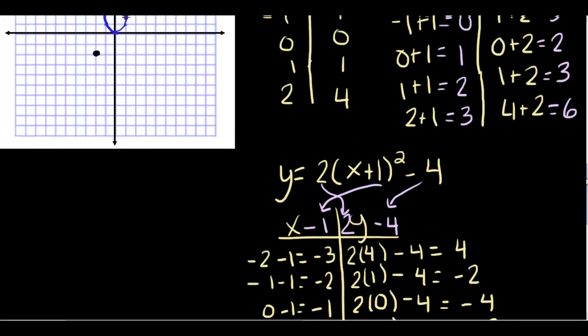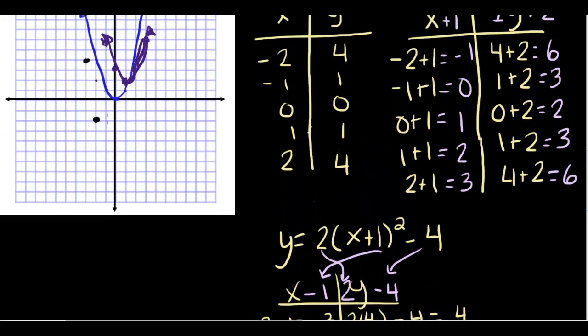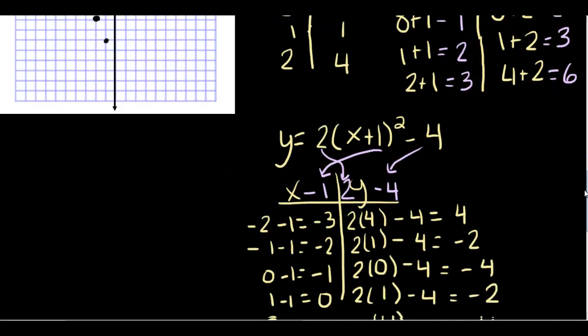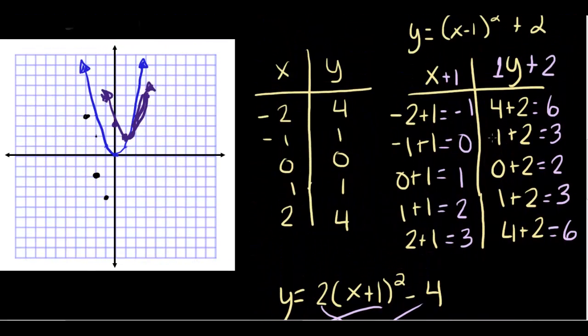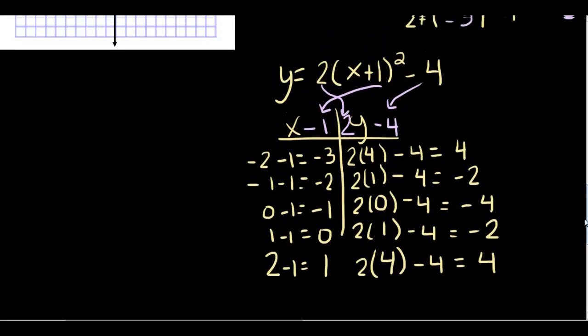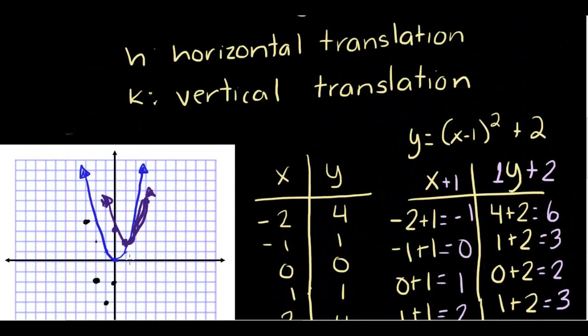The next one is negative 1, negative 4. The next one, 0, negative 2. And the last one, 1, 4.